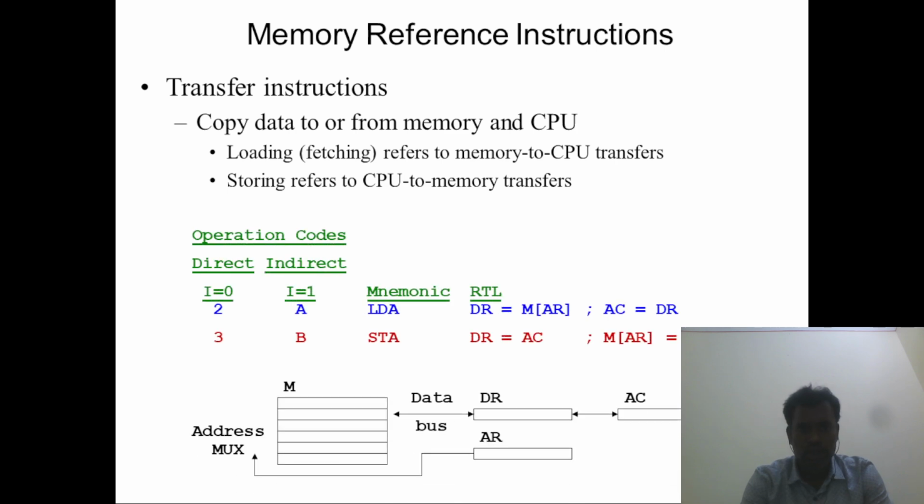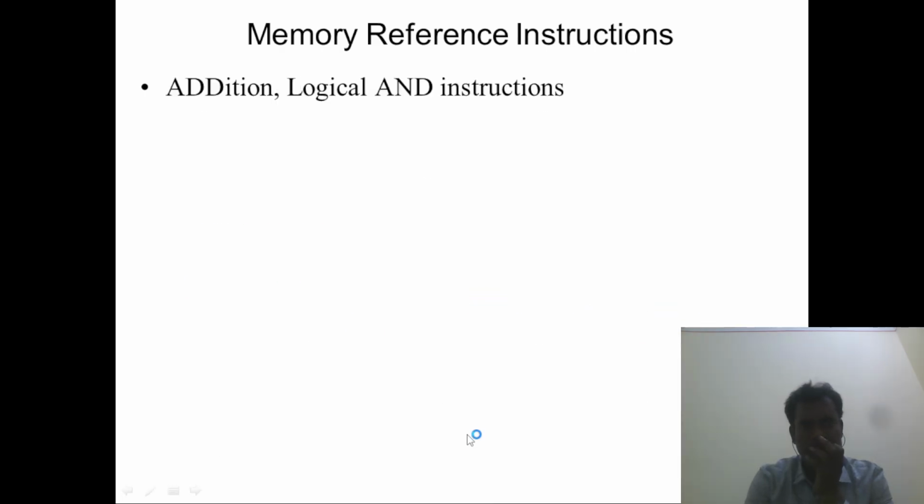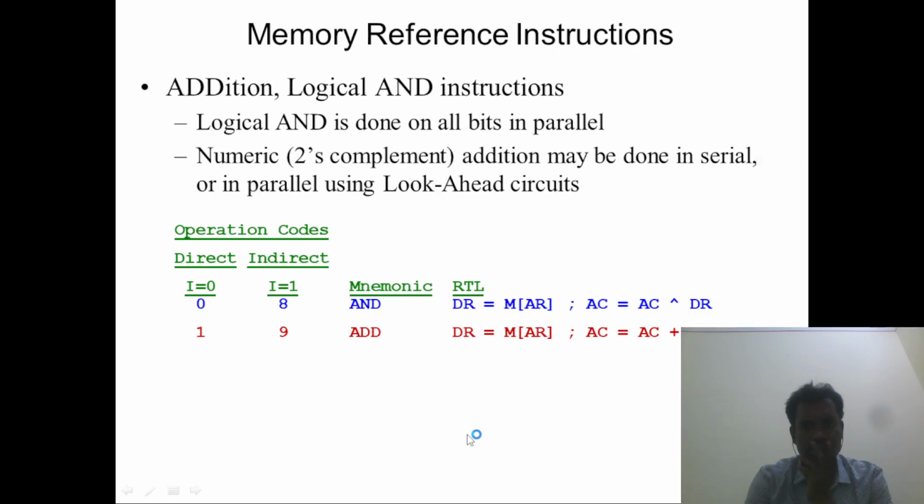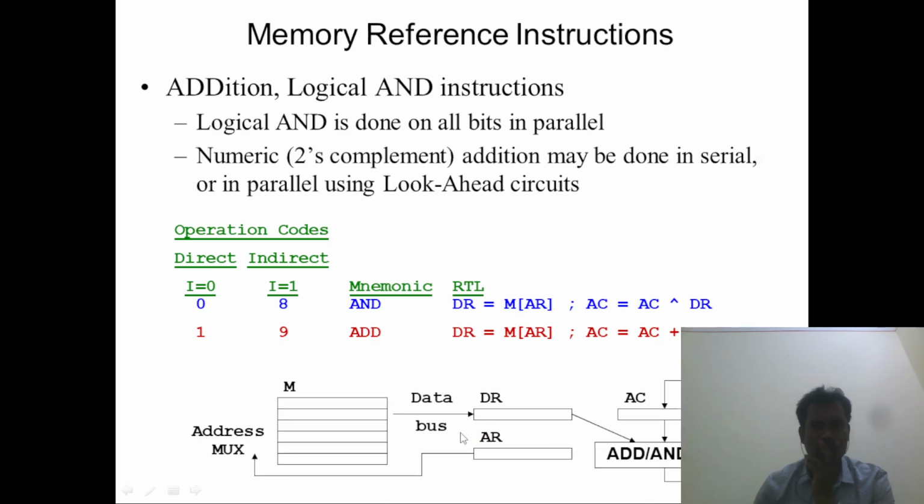Similarly, for load and store instructions, first the address value will go to memory and get the data into the DR, and it will be stored. That is nothing but direct addressing. When it is indirect addressing mode, it will do two steps, two times it will go.